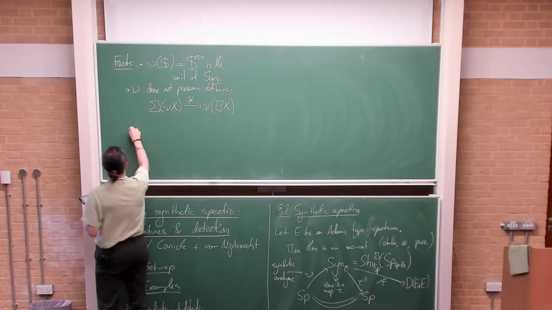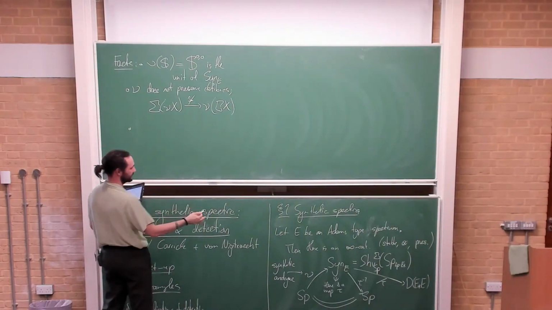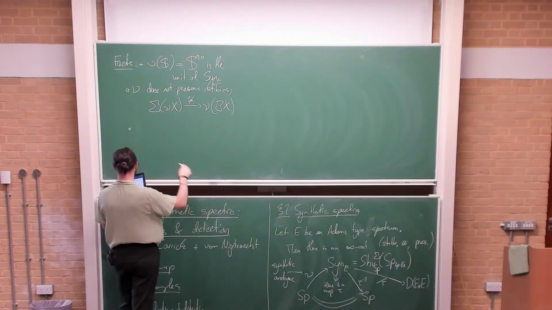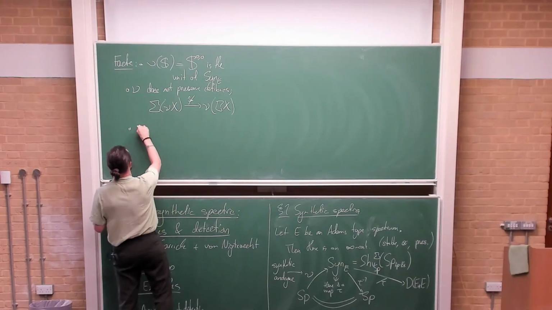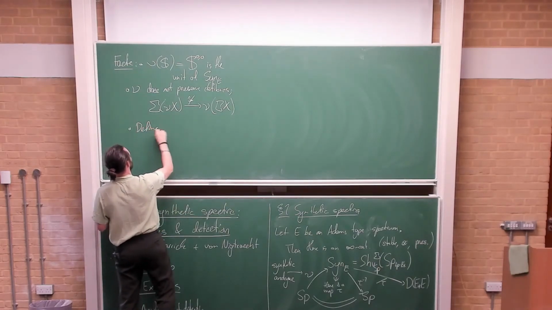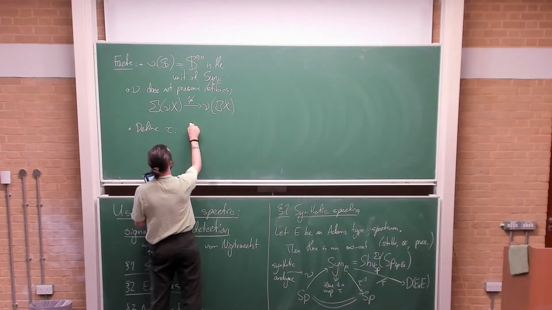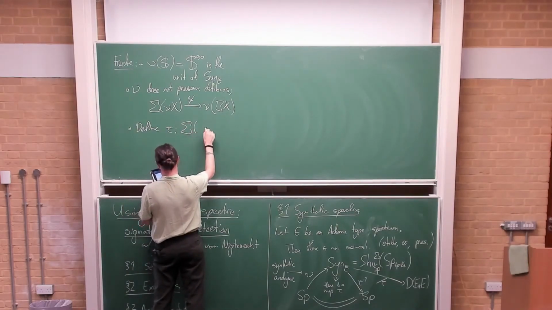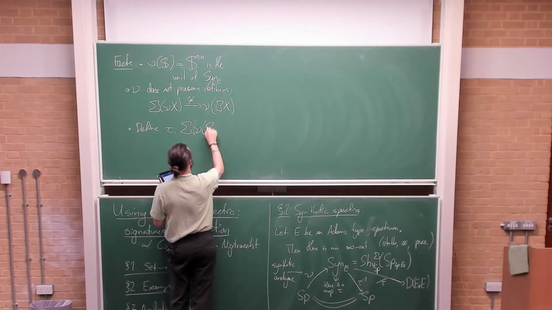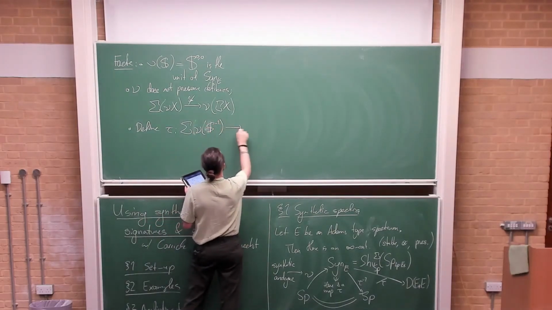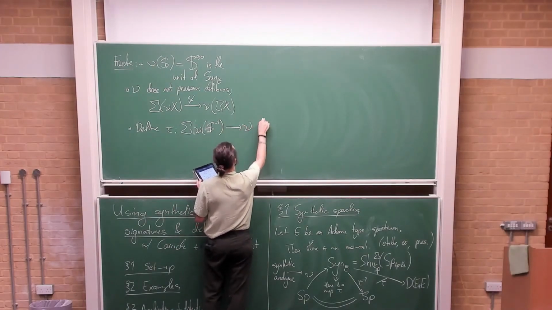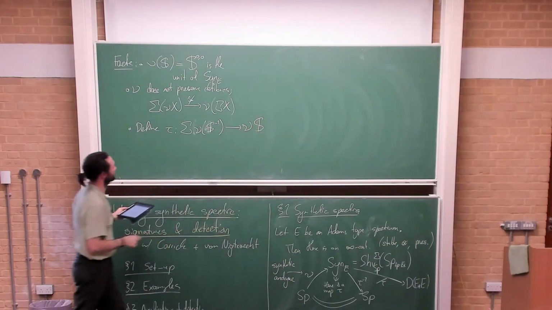So if I plug in a certain value of X here, I'm going to get a definition of this tau map, which I claim to be so important. So we can define tau as the map from the suspension of nu of the -1 sphere to nu of the sphere.